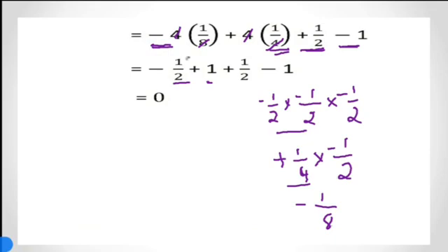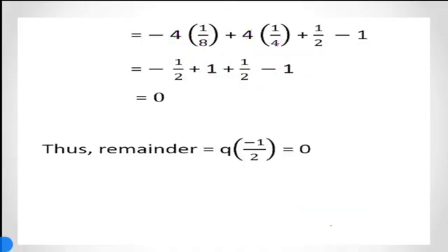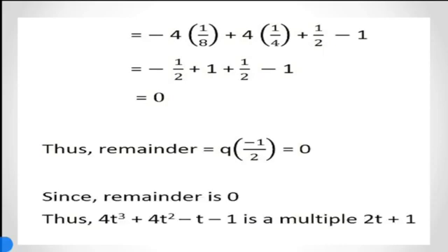Here minus 1 by 2 plus 1 by 2 cancels and plus 1 minus 1 cancel. We remain with 0. That means remainder equals q of minus 1 by 2 equals 0. Hence we can say that remainder is 0.